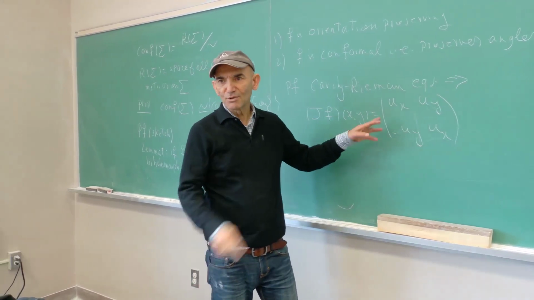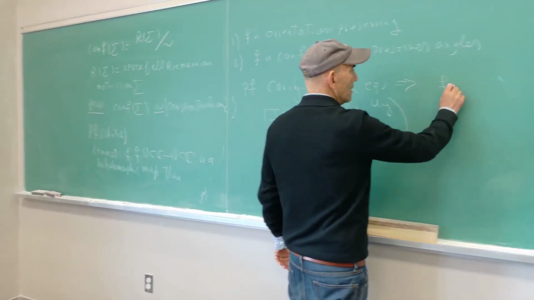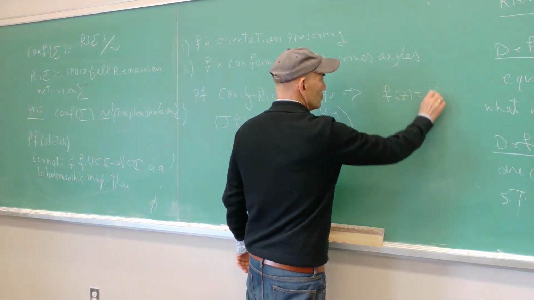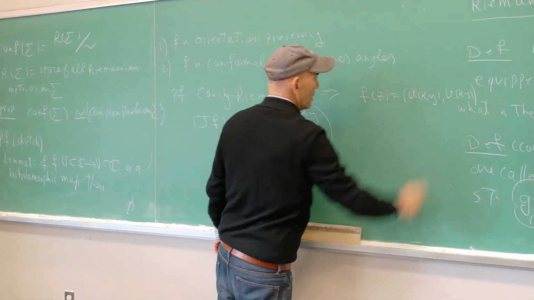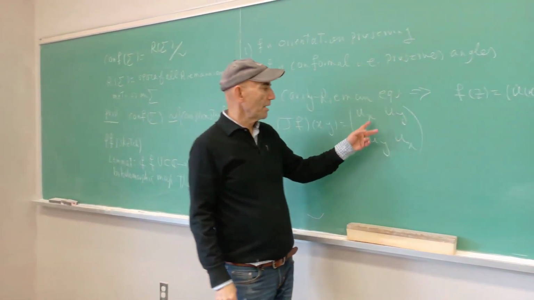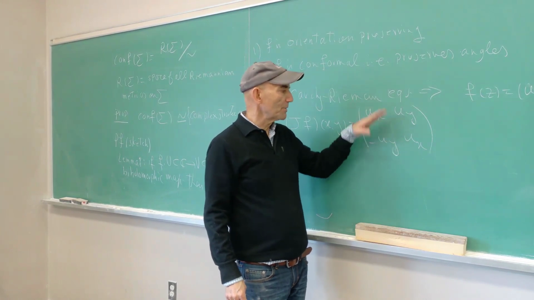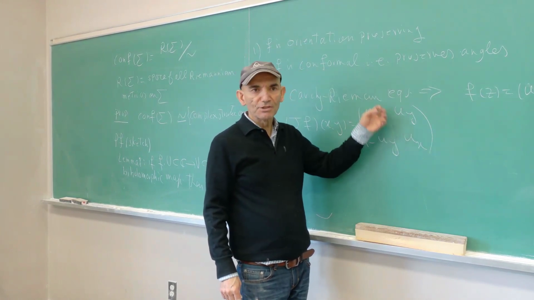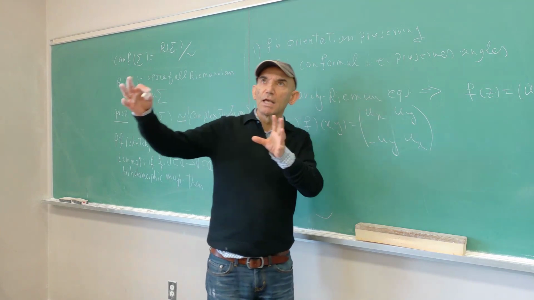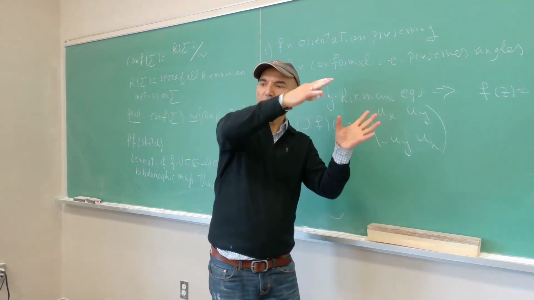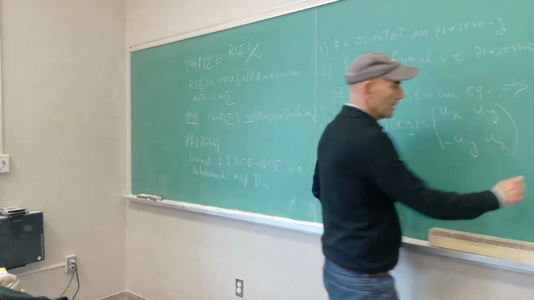If you write the Jacobian in terms of u and v, where f(z) equals (u(x,y), v(x,y)), then first of all the determinant is positive, and also, up to some scaling, it's an orthogonal map. You can divide by the norm of this matrix and then you get this orthogonal map. So it's an orthogonal transformation and a scale. This is conformal. So this is elementary.